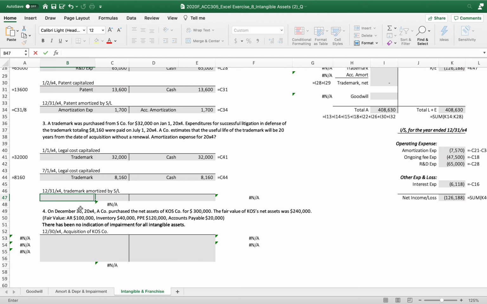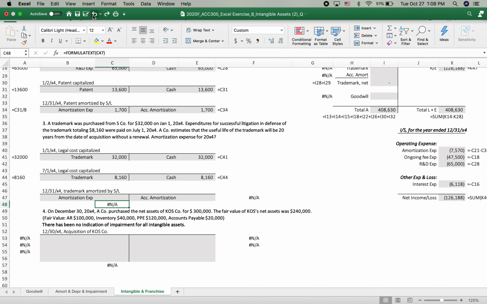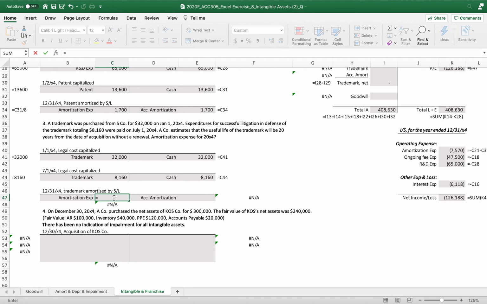Okay, let's put the first one, each one. I'm just going to use this to be fast. How do you calculate it? First, the $32,000 trademark should be amortized over 20 years, plus this 8,160 should be amortized over how many years? 19 and a half years.